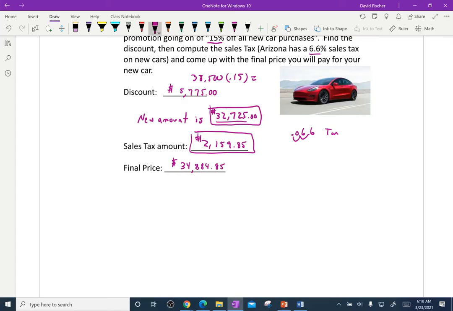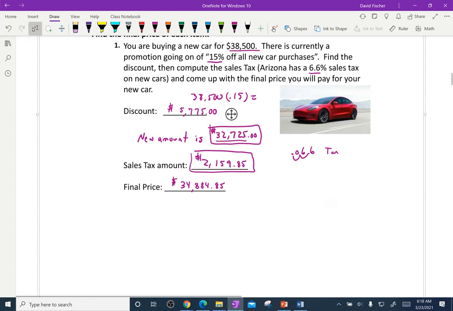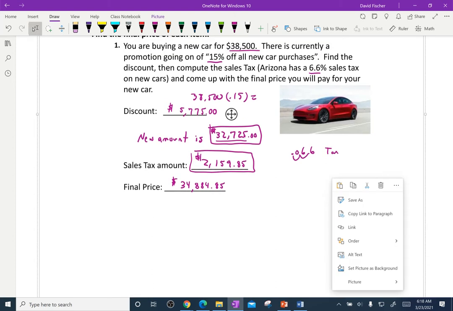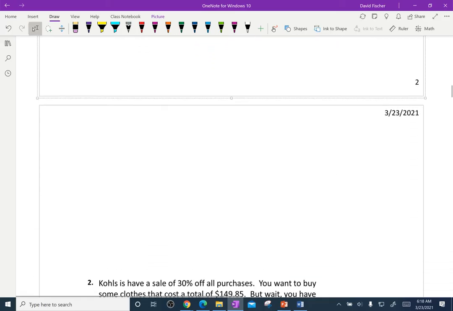That's how much they're going to charge us for that car. It was originally $38,000, so we still get a pretty good discount. We're paying roughly $35,000, so we got $3,000 in tax paid for us. Okay, so shop around, watch for the sales. You're going to buy a car someday.